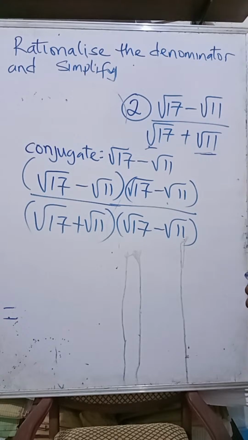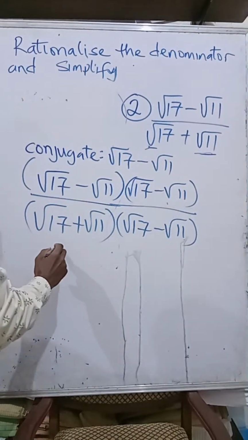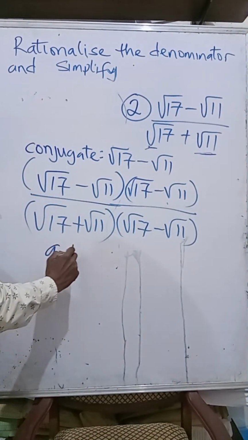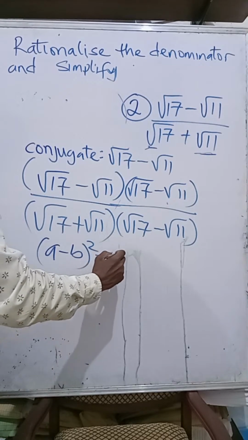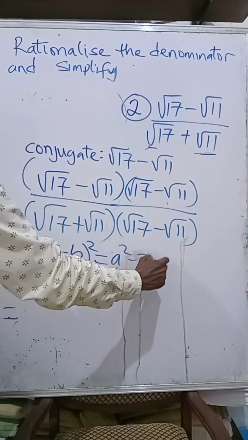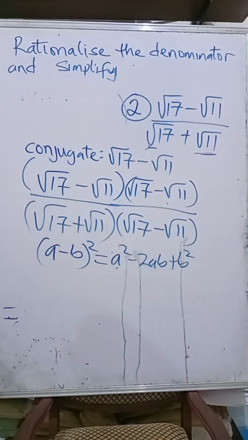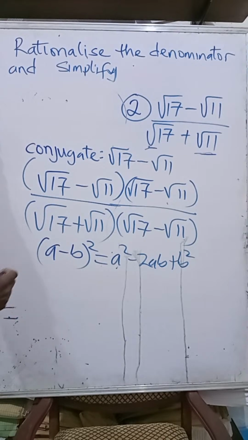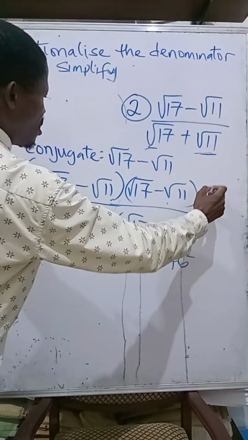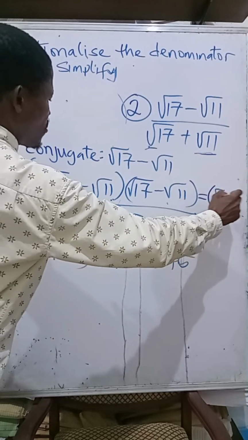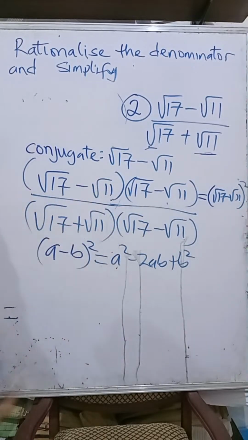Then, as I discussed in the last section, (a minus b) squared will give us a squared minus 2ab plus b squared. Let's apply that. This numerator is the same thing as root 17 minus root 11, squared, because they are the same thing, a multiple.